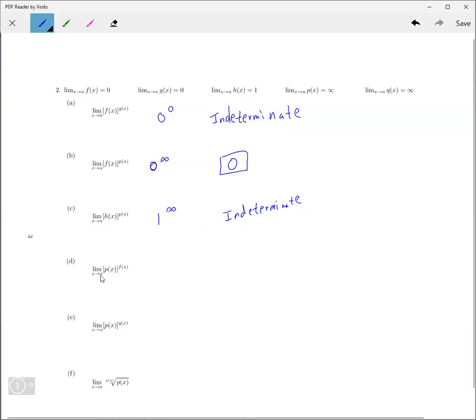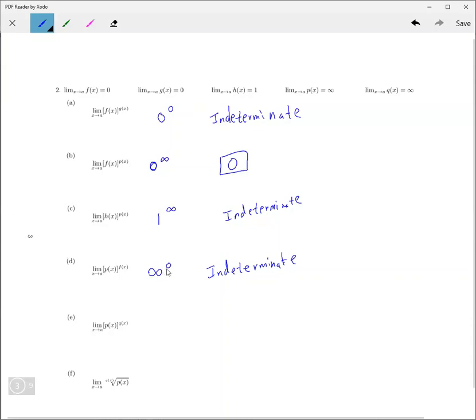Okay, this one right here is p of x, which is infinity, raised to f of x, which is 0. That's also indeterminate. Why is that indeterminate? Infinity is a really large number, but if you raise it to a small number, like if you take 1,000 raised to the 0, that's just going to be 1.